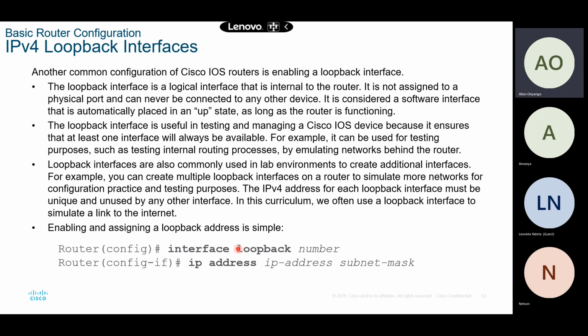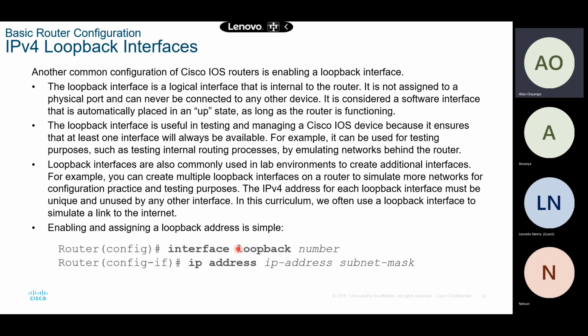The moment you create it, that interface normally goes to up state, without you saying no shutdown. There are protocols like OSPF, Open Shortest Path First, which normally prefer using loopback interfaces. And soon enough, I'm going to explain to you why it prefers these loopback interfaces.